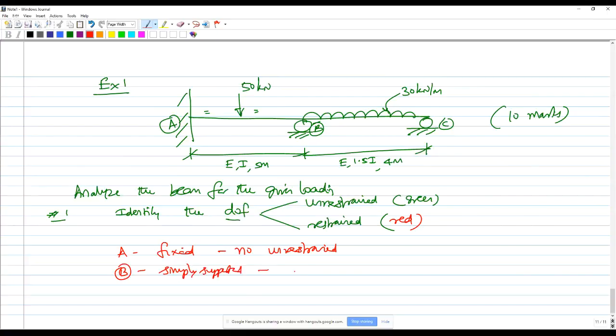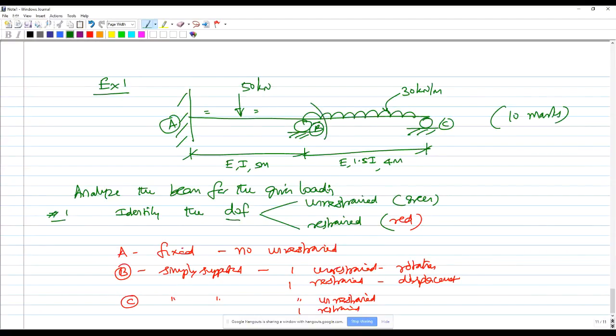So it has got one unrestrained degree, which is rotation, and one restrained degree, which is vertical displacement or vertical reaction in terms of forces. If you look at support C, the same story. It has got one unrestrained degree and one restrained degree. Let us mark this.